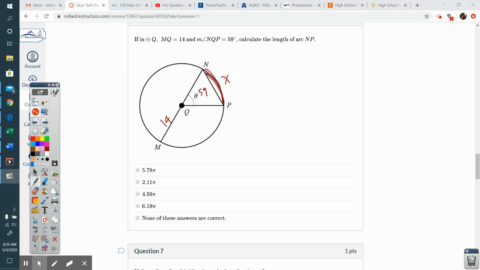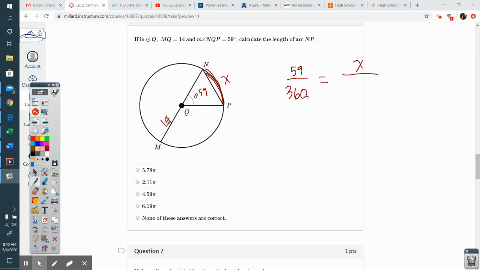So we'll set it up in a proportion again. So we've got the small part, 59, to, well, if you go by degrees, the 59 to the entire circle of degrees. So I went degrees to degrees, 59 to 360, so it's the small part to the whole, is equal to, let's do the small part.